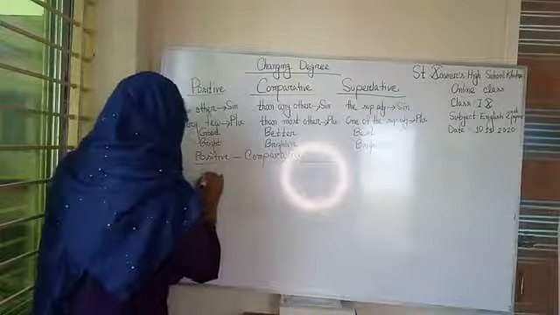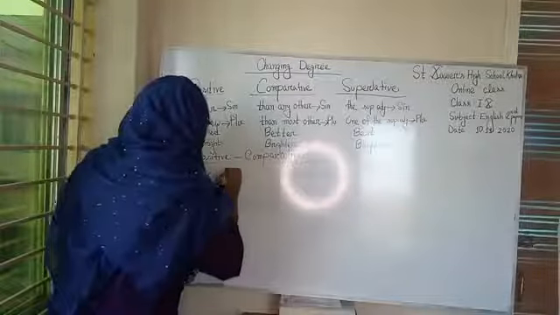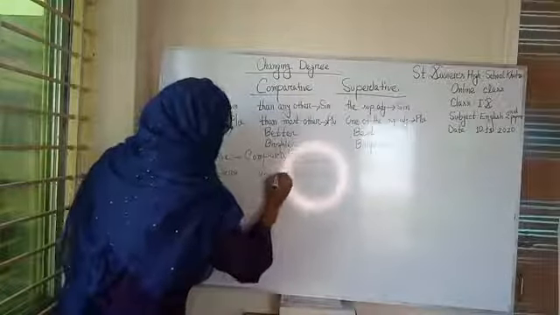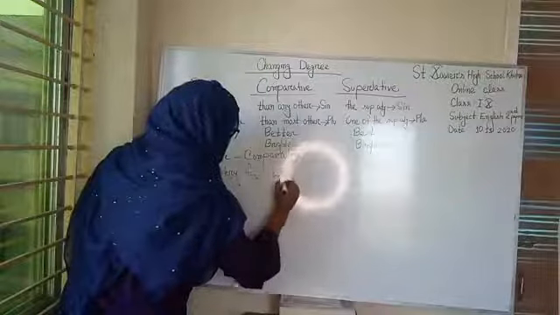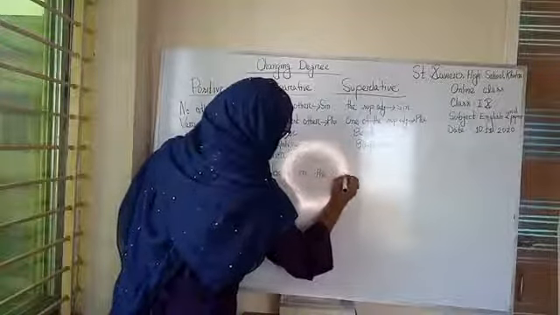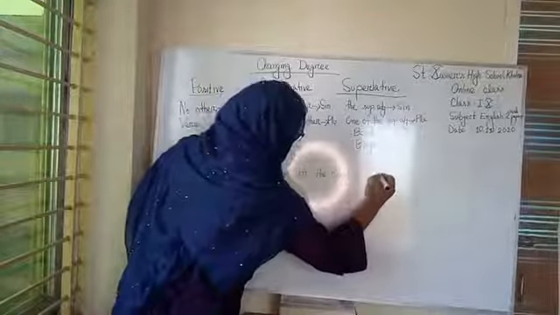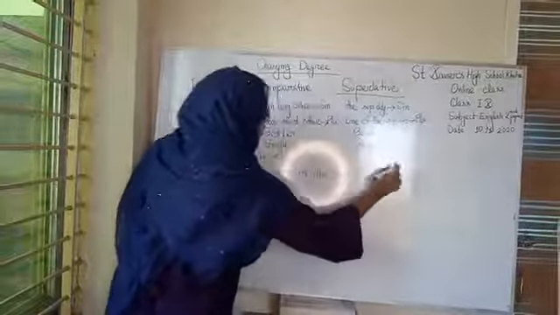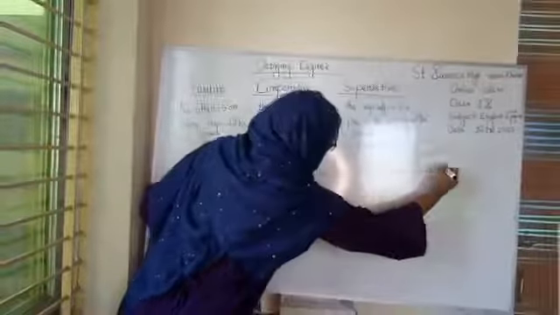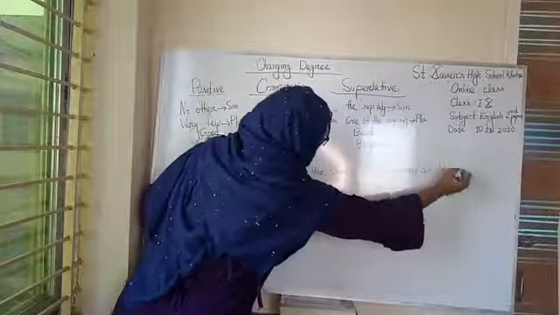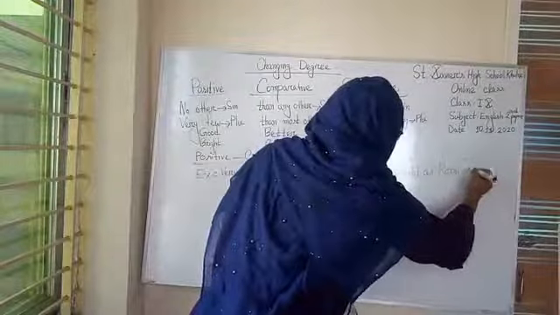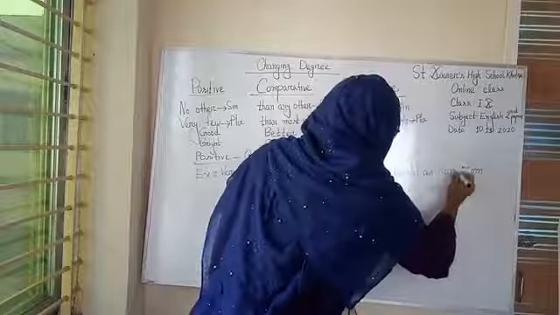Example: Very few boys in the class are as bright as Ronnie. So you have to do it comparative.